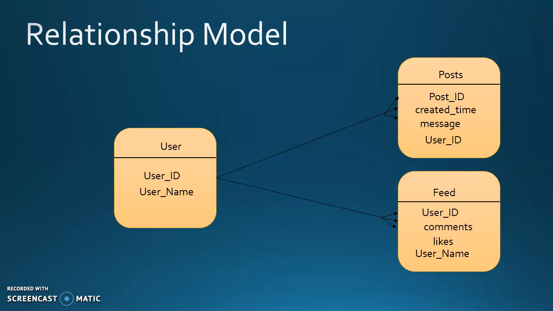The difference between the post and the feed is that if I am the user, whatever content I am uploading onto Facebook or Twitter is called its post, and the feed means the content which is displayed on the wall, or content which he can see as a user of Facebook, which is being posted by others. So each user has access to his own post, as well as he can see the posts which others have posted. That is called feeds.